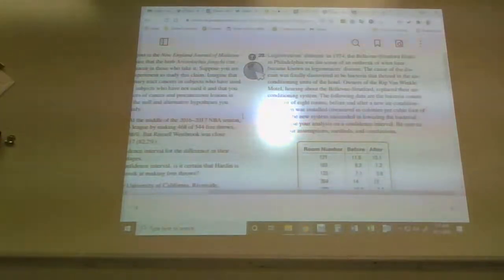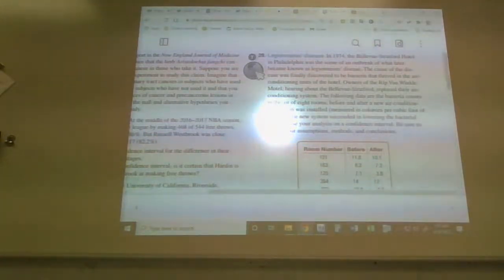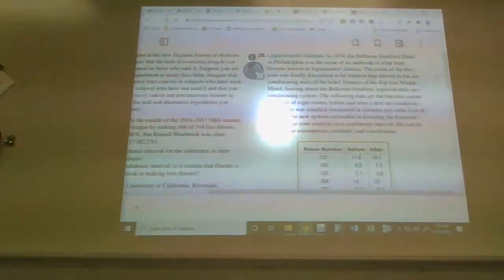The following data are the bacteria counts in the air of 8 rooms before and after a new air conditioning system was installed, measured in colonies per cubic foot of air. Has the new system succeeded in lowering the bacteria count? Base your analysis on a confidence interval, be sure to list all of your assumptions, methods, and conclusions.